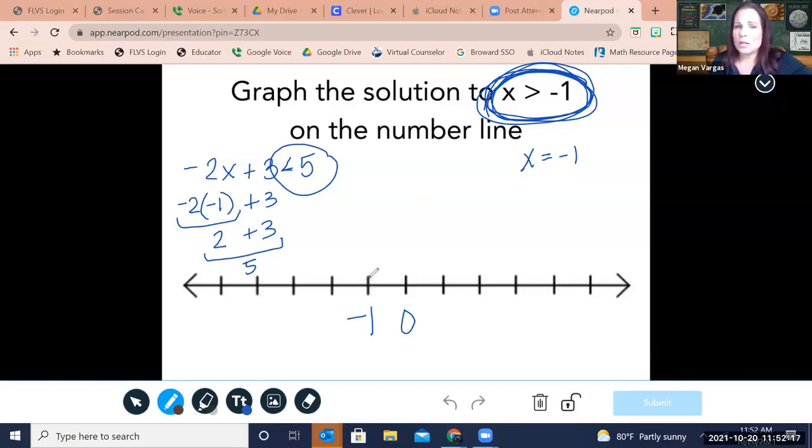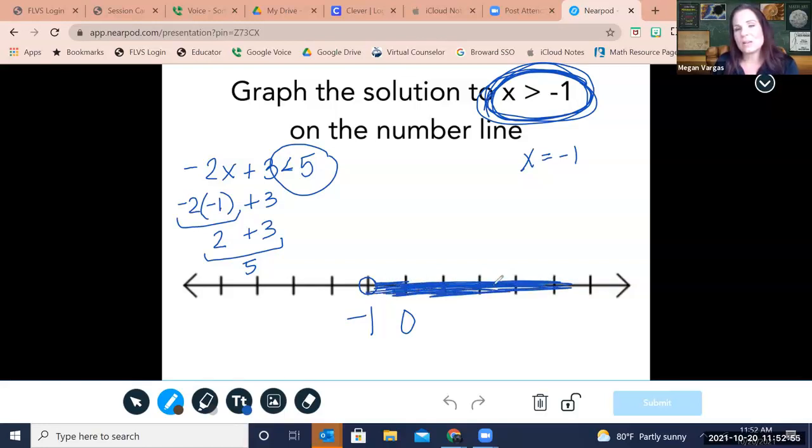So -1 is not a solution. It's only the numbers that are bigger than -1. So the way that we show that is we put an open circle because we're not including -1. -1 doesn't give us anything that's true. So we're not going to include it, but we are going to shade all of the numbers that are bigger.